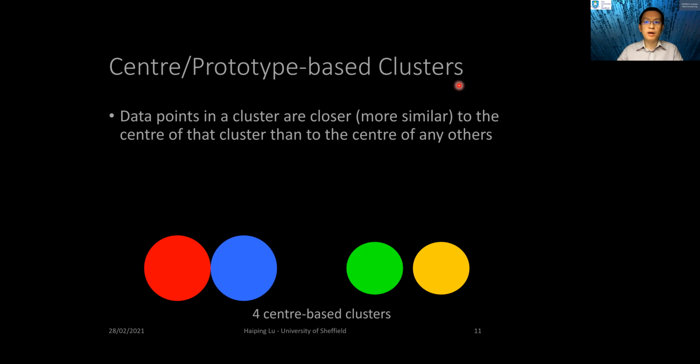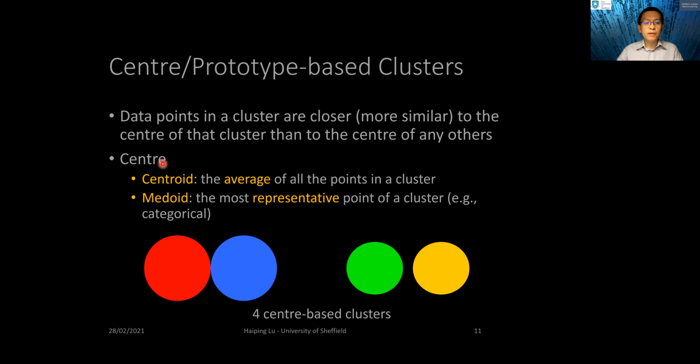So in this type of clusters, data points in a cluster are closer, that is, they are more similar to the center of that cluster than to the center of any other clusters. So the center is typically called the centroid, which is the average of all the points in a cluster.